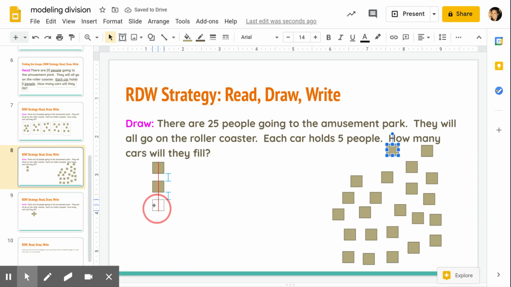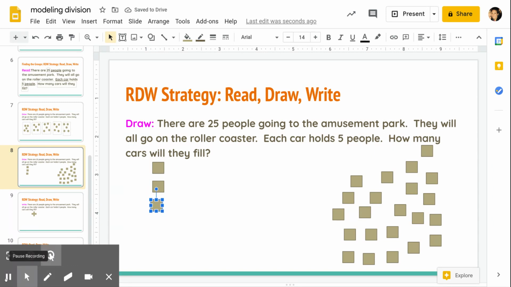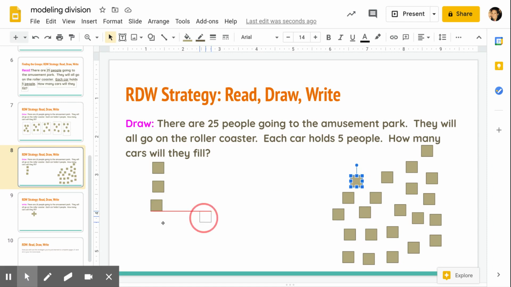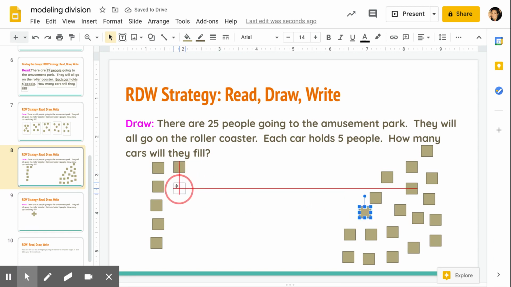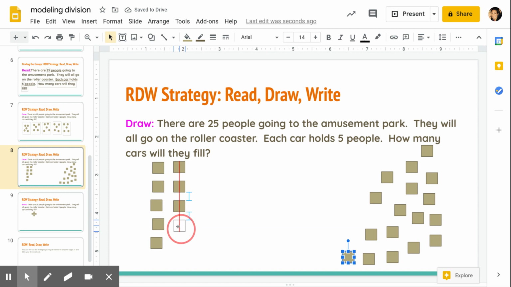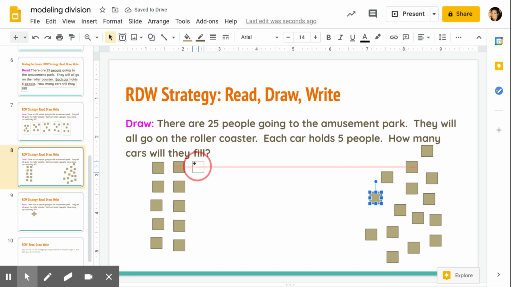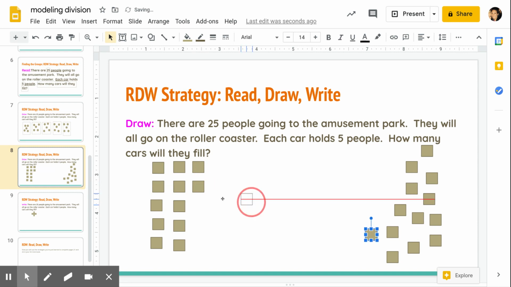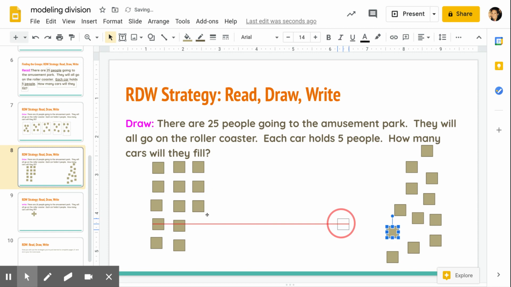Here's one column, 1, 2, 3, 4, 5. Here's another column, 1, 2, 3, 4, 5. And another, 1, 2, 3, 4, 5.